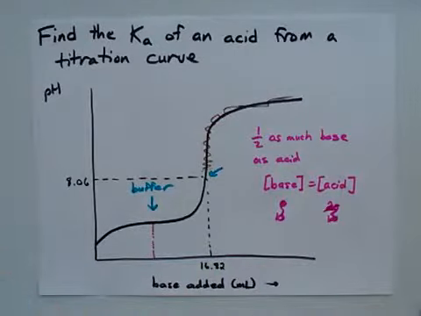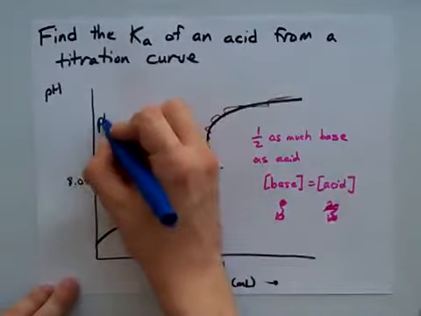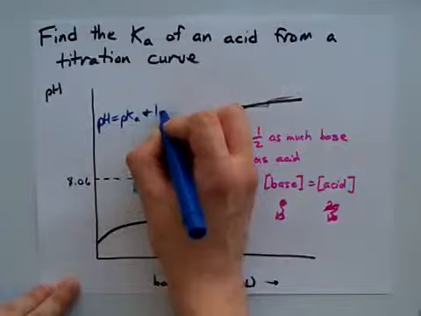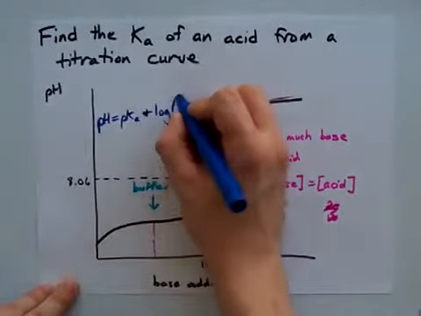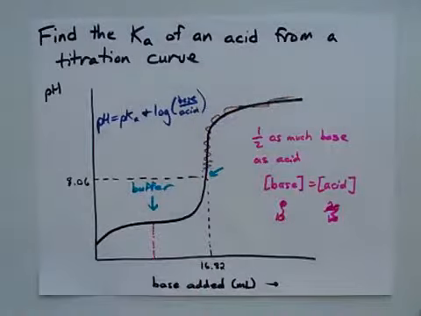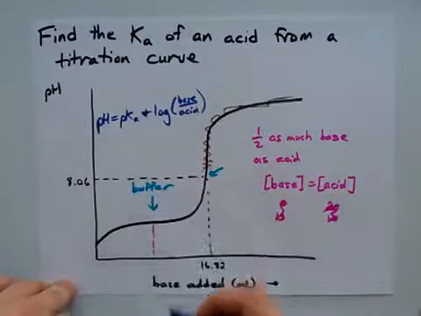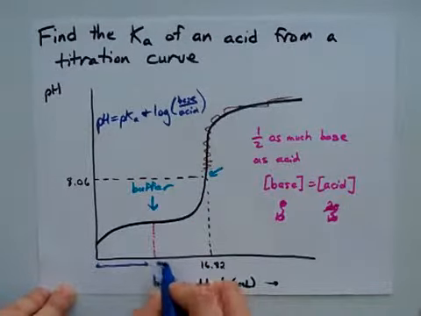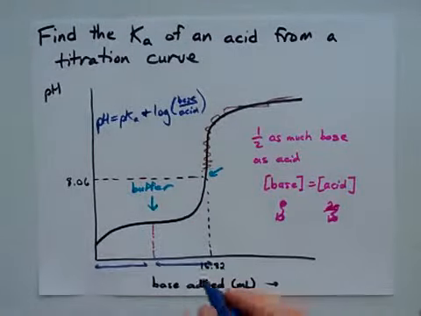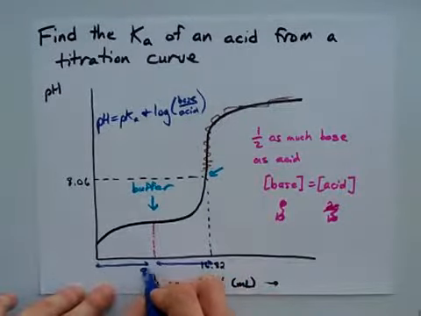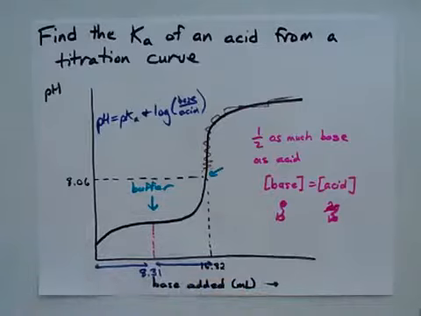Now, the greatest part about the buffer region is we have a special equation called the Henderson-Hasselbalch Equation, or Henderson-Hasselbalch, I don't know. pH equals pKa plus log concentration of base over acid. And the greatest part about this point in the buffer region, exactly halfway to equivalence point, in this case half of 16.82 is 8.31 milliliters.